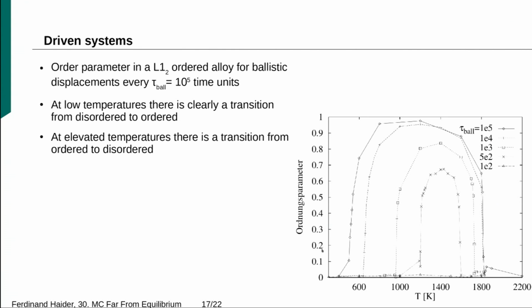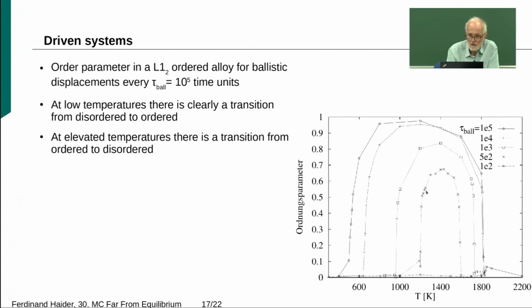So you see here zero order, here order goes up to 1, perfect order, and here it disorders again. Now if you increase this ballistic jump rate, you see that this region of stable order shrinks further and further. So you obtain such a behavior as we expected from the analytical model.